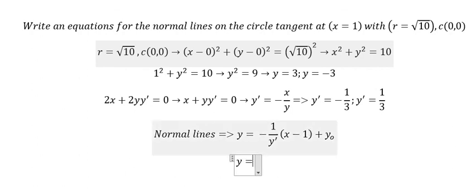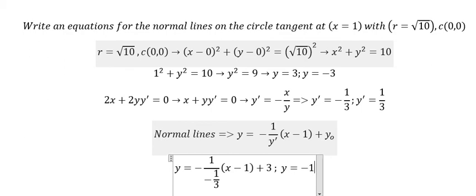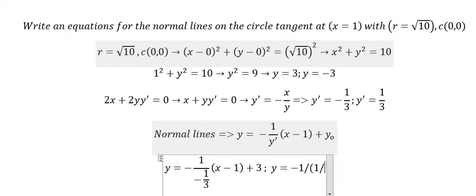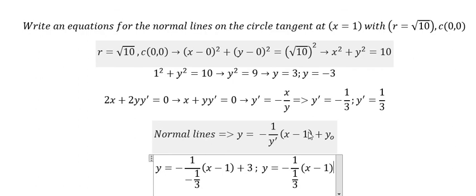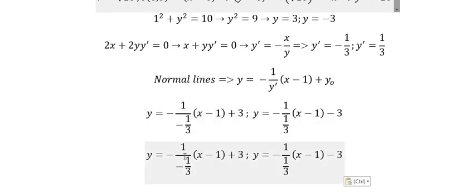The first one, and the second one. Negative 1 divided by negative 1 over 3, so you get 3.